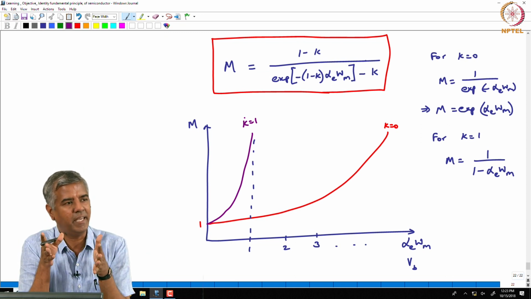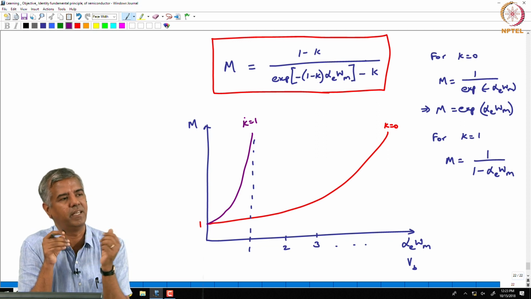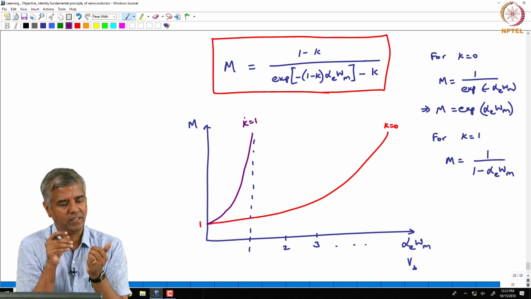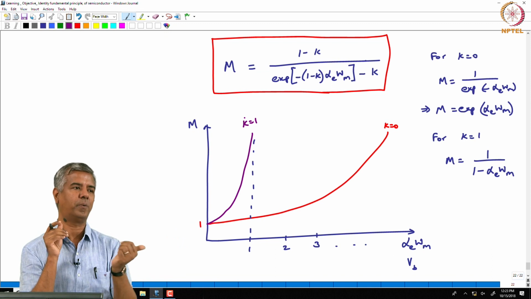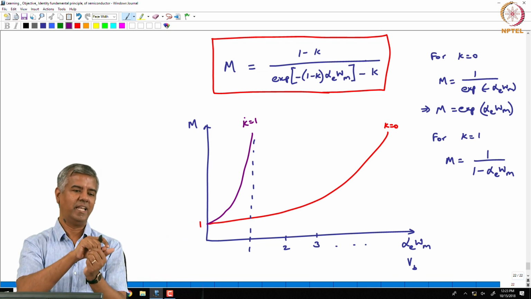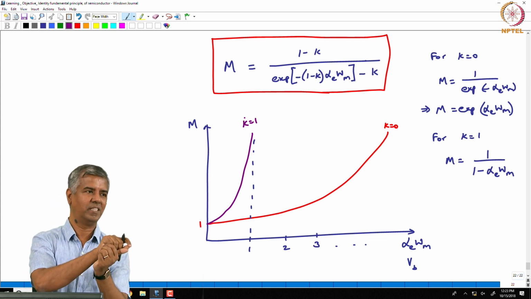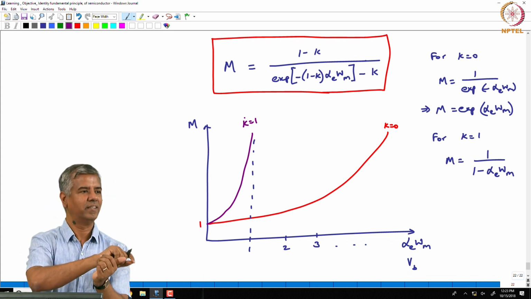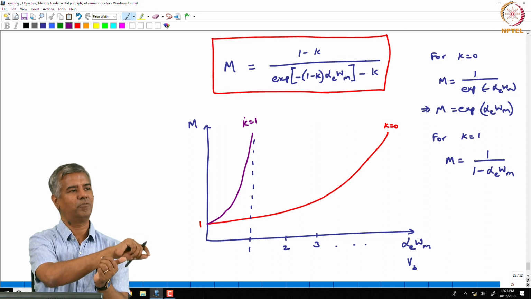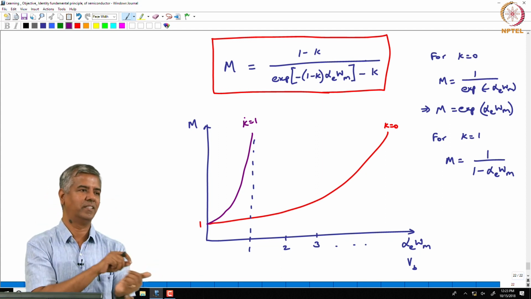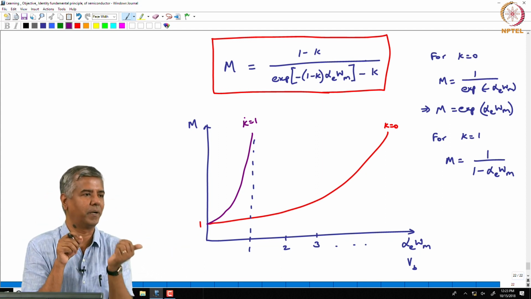So, with this high electric field, essentially what we are saying is that the hole propagates. How does the hole propagate? Because the neighboring electron will occupy this hole. So, the hole will go this way, and then that neighboring electron from there is going to come here, and so it is as if the hole is propagating.